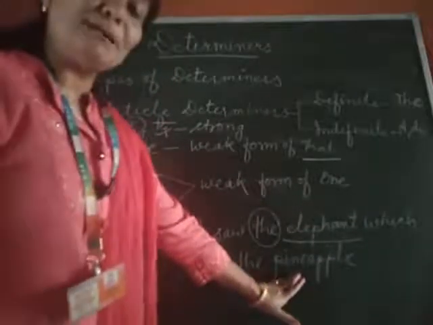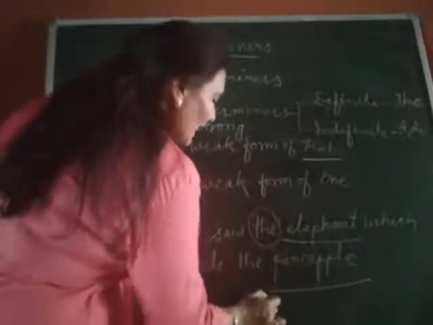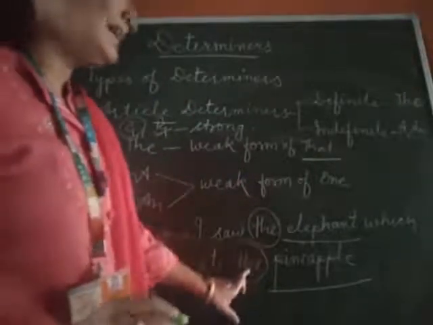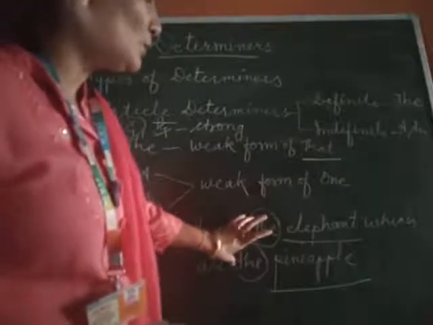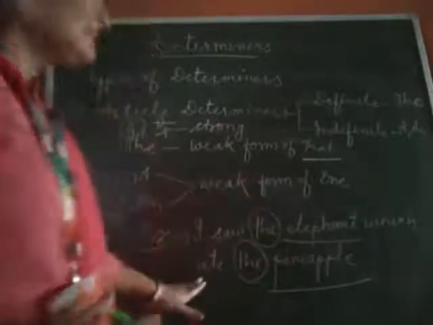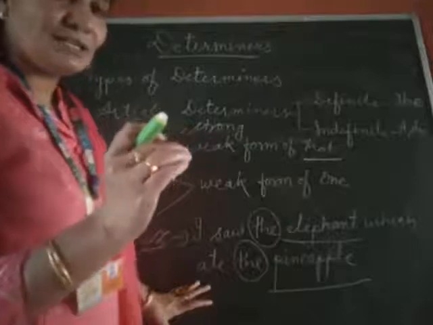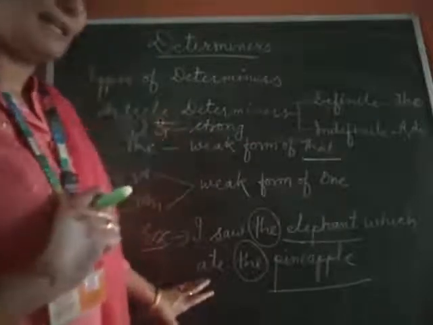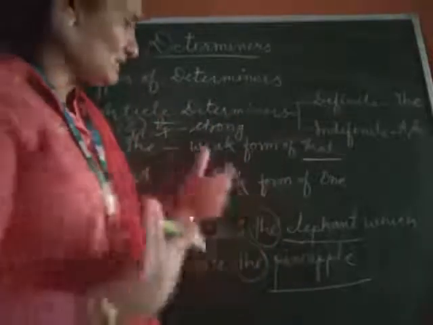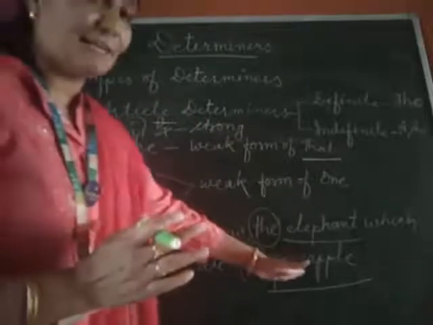There are so many types of elephant maybe, but here we are talking about a special type of elephant. Due to a specific reason I have used here the definite article. Elephant is a noun, and before the noun I have used here the. And next, which ate the pineapple. Pineapple is also the name of a fruit, and it is a noun. So before the noun I have used the definite article, because of a specific reason. These are special nouns.